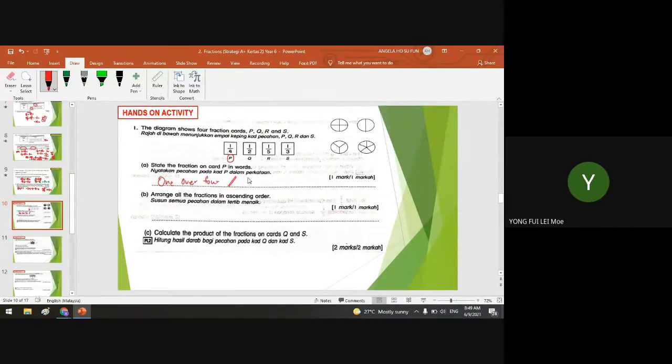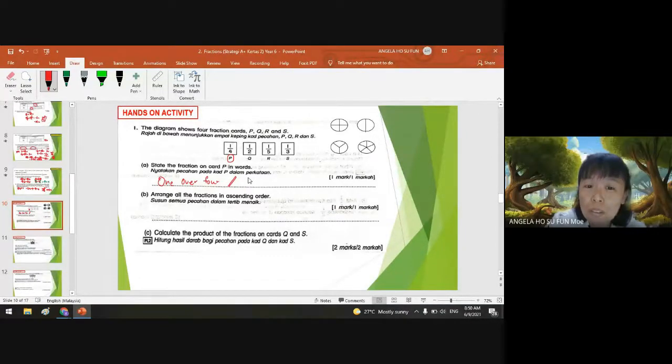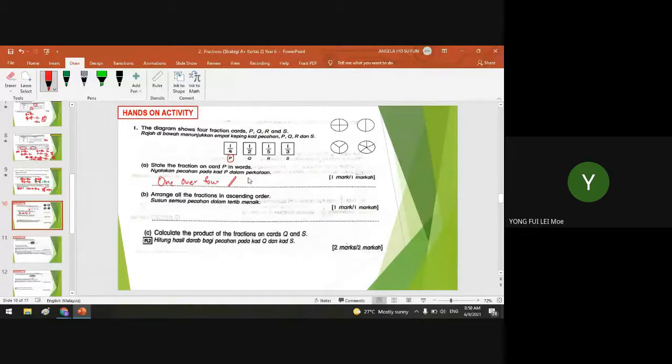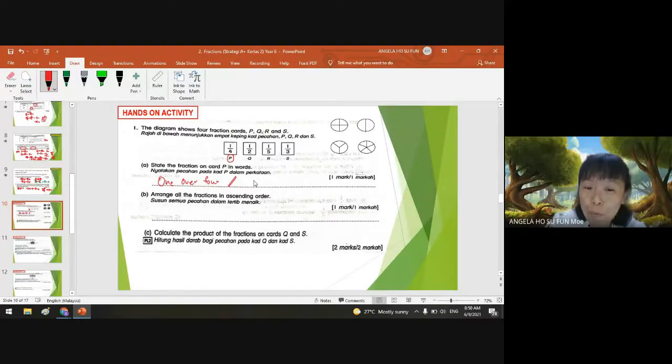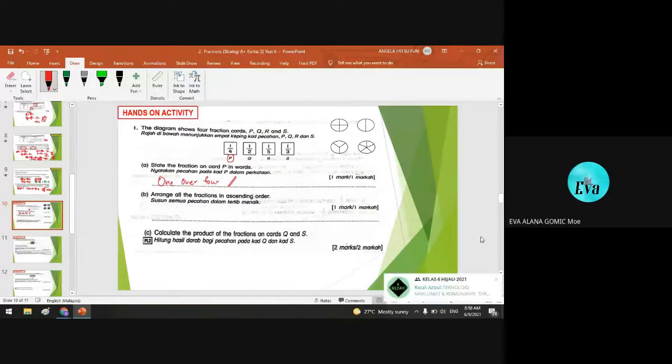Volunteer. Nobody knows? You must know that. Who else can give the answers? Or you can write down at the chat group there if you don't have a mic with you. If you cannot turn on your mic, you can write at the chat there. What is another? 1/4.